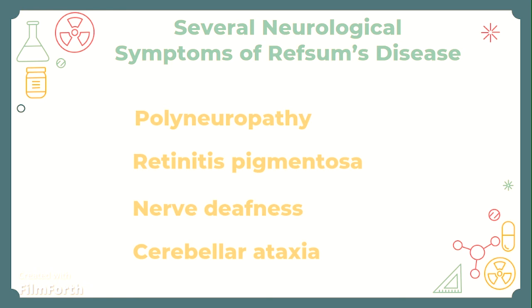It is a group of rare genetic disorders that involve a breakdown and loss of cells in the retina. Nerve deafness, or it is sometimes called hearing loss. Last one is cerebellar ataxia. It is a loss of muscle coordination caused by disease or injury to the cerebellum.